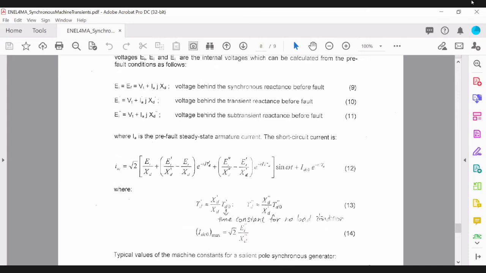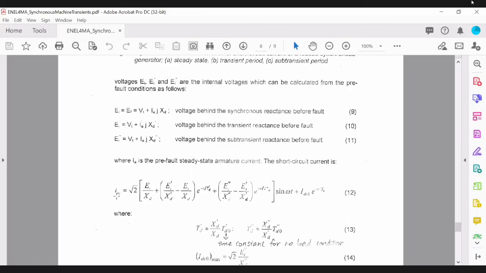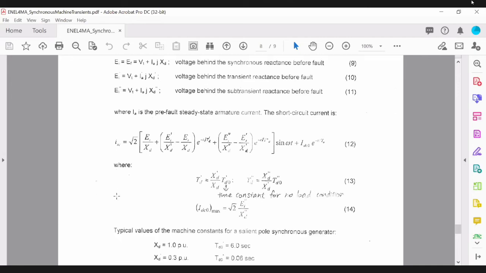So equation 12, as I said, is basically showing you how you can work out the short circuit current. And equation 13 is showing you how you can determine those time constants. So as you can see, the time constants TD double dash and TD dash appear in the equation for your short circuit current, equation 12.